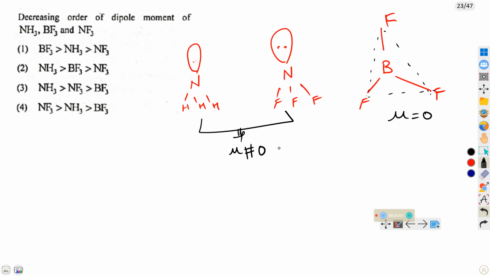In the other two, mu value not equal to 0, both contain equal number of lone pairs, equal number of sigma bonds, and central atom is also same. Then mu value is inversely proportional to electronegativity of surrounding atom.